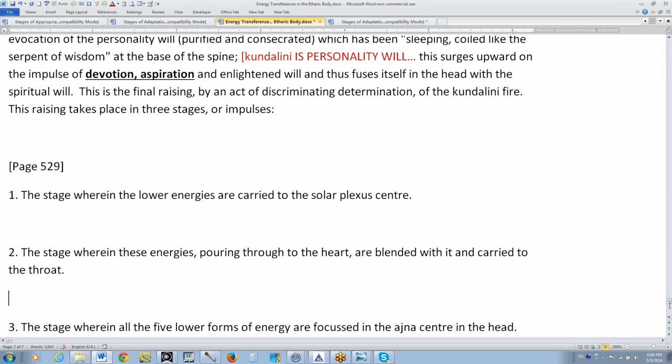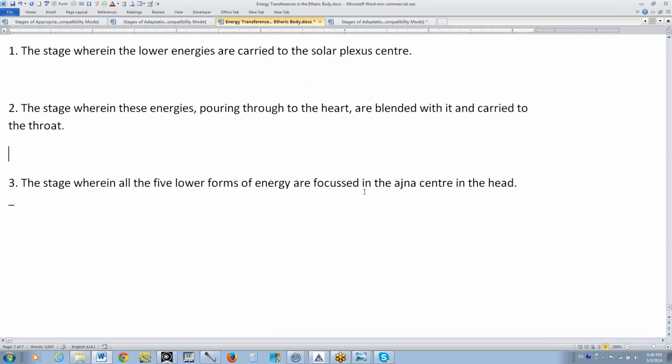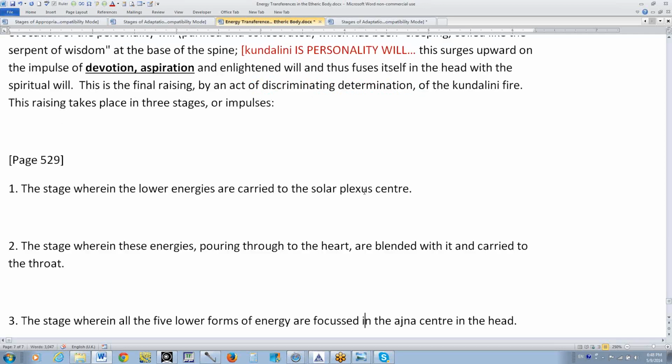Let's see, we are just about to the end, so we probably should take it, even though it will need a little review. The stage wherein the lower energies are carried to the solar plexus center, the stage wherein these energies pouring through to the heart are blended with it and carried to the throat, so the throat has indeed a more elevated position than the heart in ways which we have yet to understand, and the stage wherein all the five lower forms of energy are focused within the ajna center.